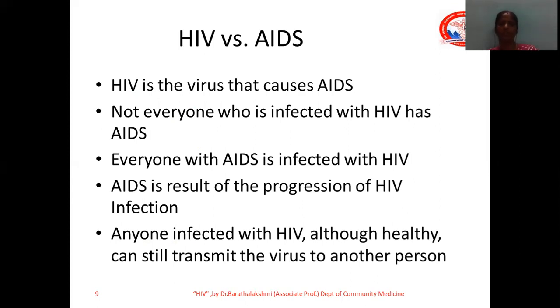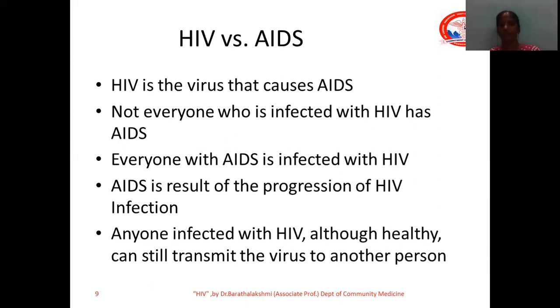So AIDS is a result of progression of HIV infection. If the CD4 count is maintained at more than 500, then the possibility of going to the AIDS stage is very, very less. Anyone infected with HIV, although healthy, can still transmit the virus to another person. So that is what we were saying.